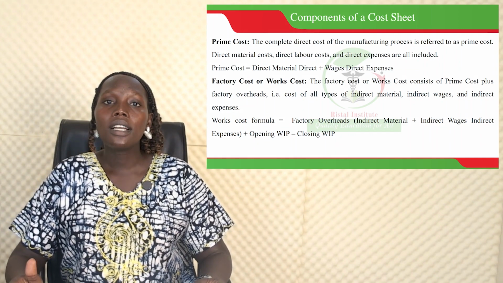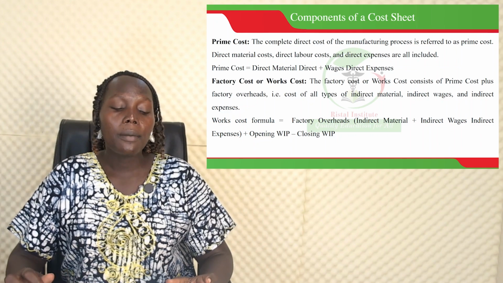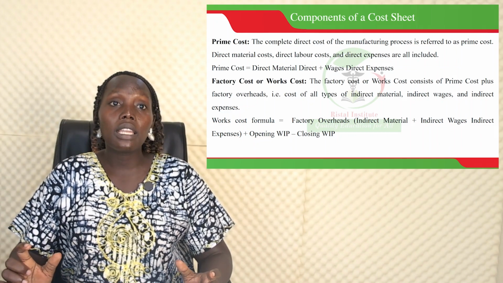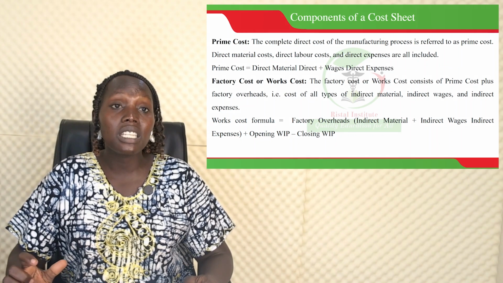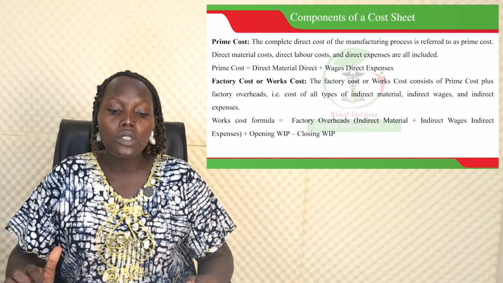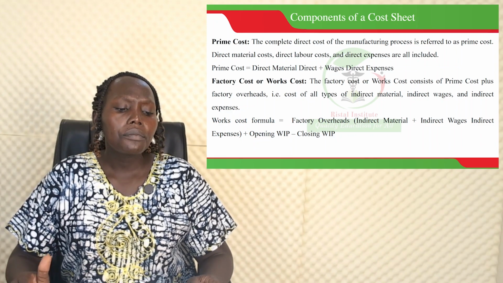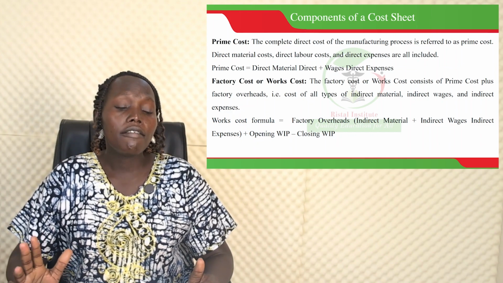When you add these up, you come up with the prime cost. So the method of calculating it is the direct material cost plus the wages plus direct expenses.